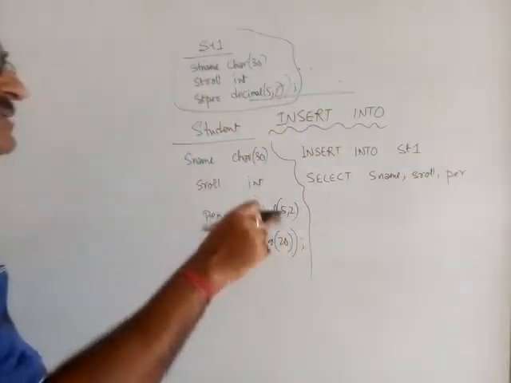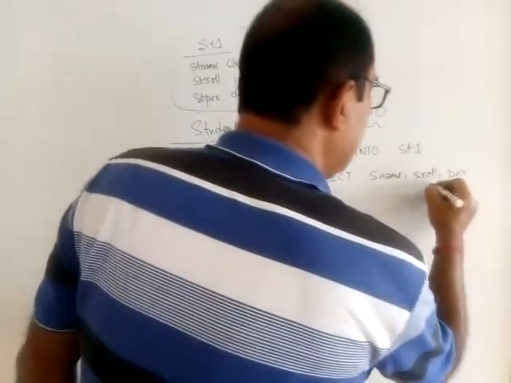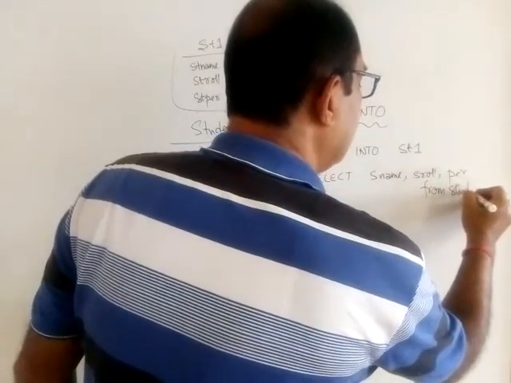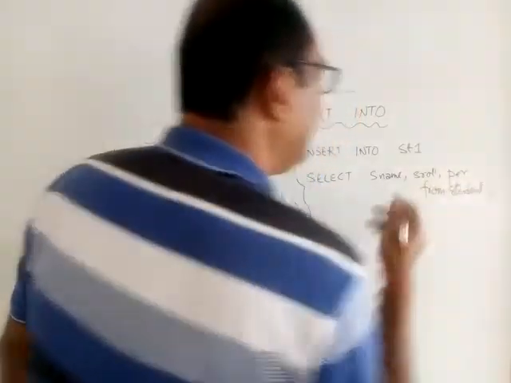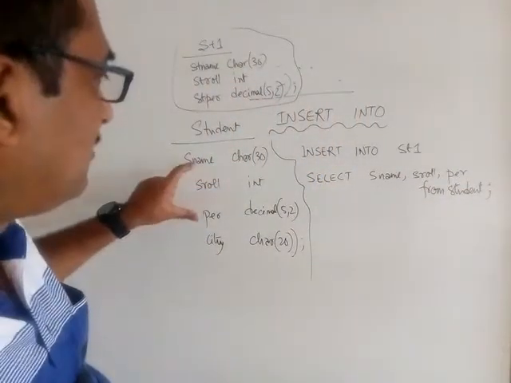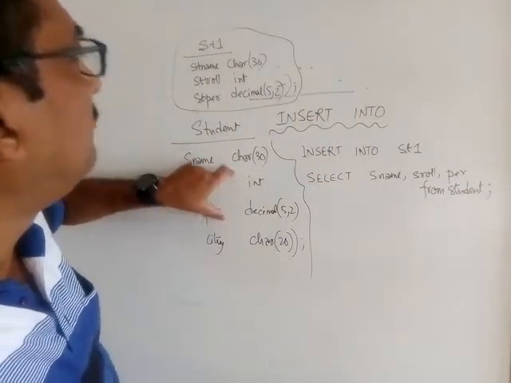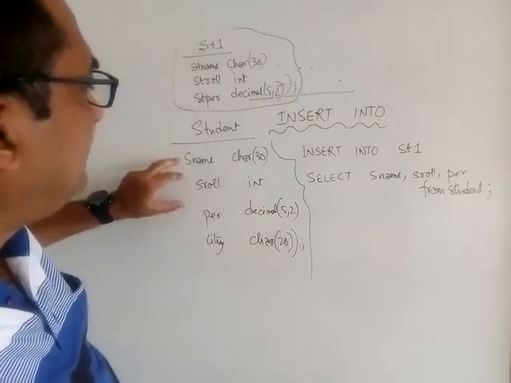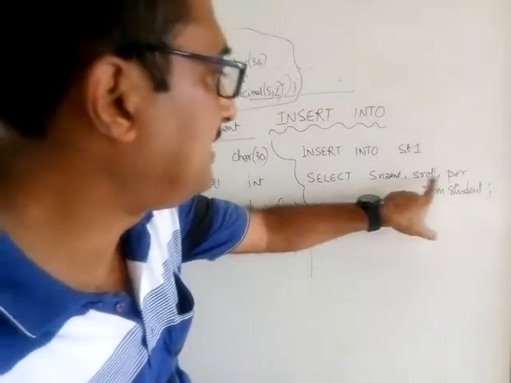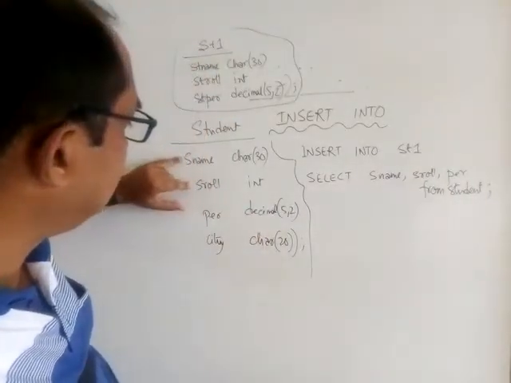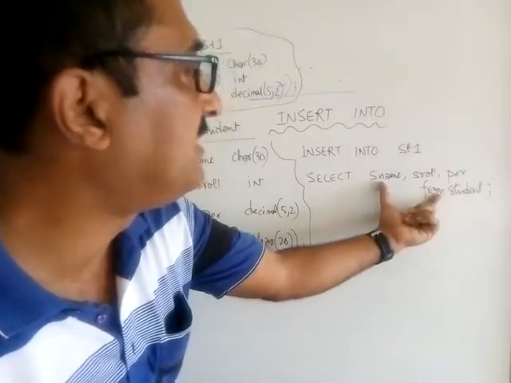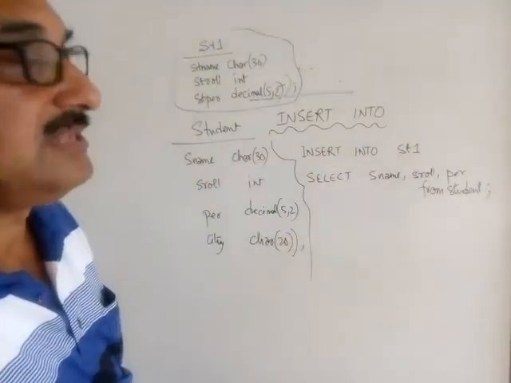Select S name, S roll, percentage from student. If you write this, then what will happen? All the records from the student table will be copied into ST1. And from which 3 fields will the value be taken? I mentioned S name, S roll, percentage. From these 3 fields, the value will be fetched from the student table and copied into ST1.